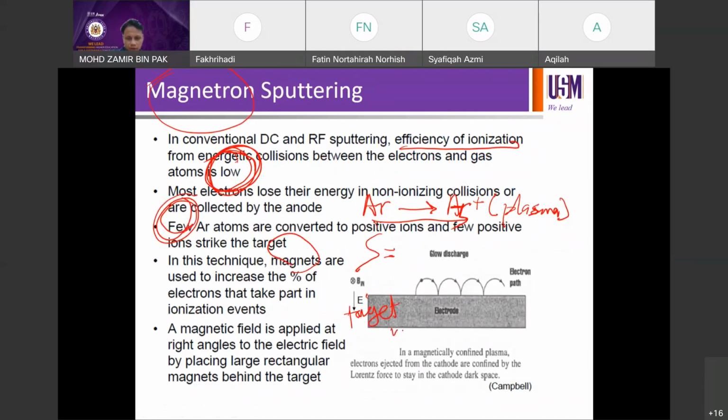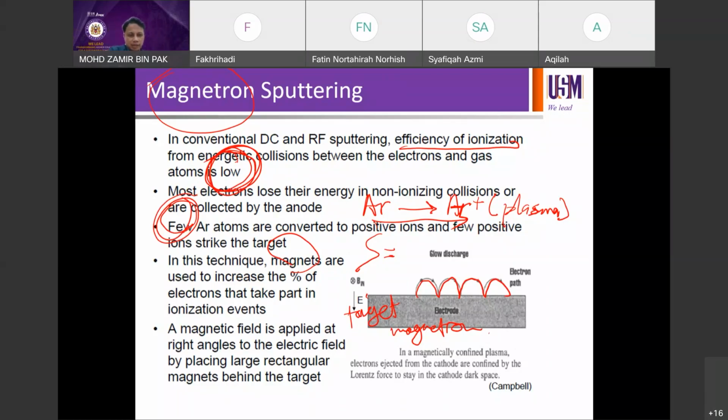Then at the back, you incorporate magnetron, so that you can actually control the path of the electrons in front of the target material in order to enhance collision. Meaning you are sort of pulling the electrons together to stay on the front side of the target material's surface. You gather them so that you induce more collisions and initiate more plasma.